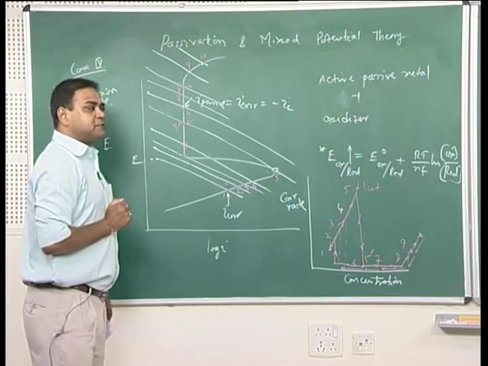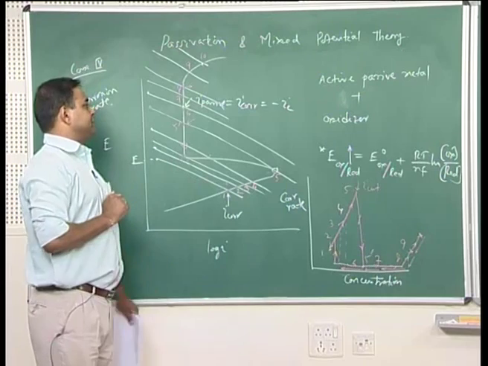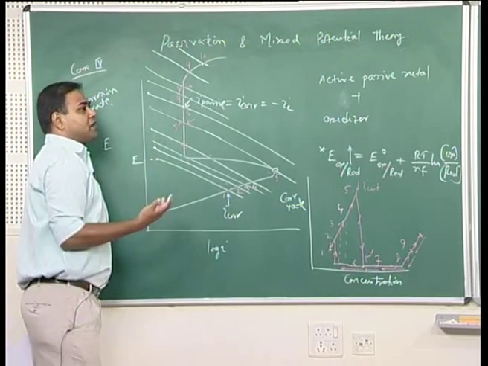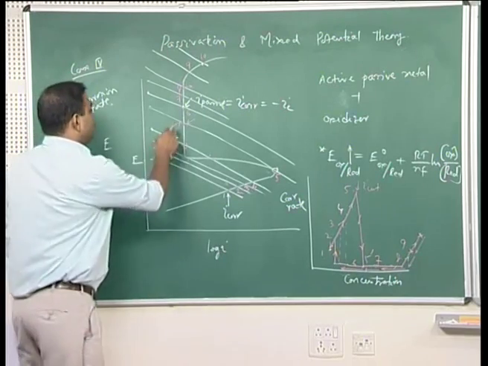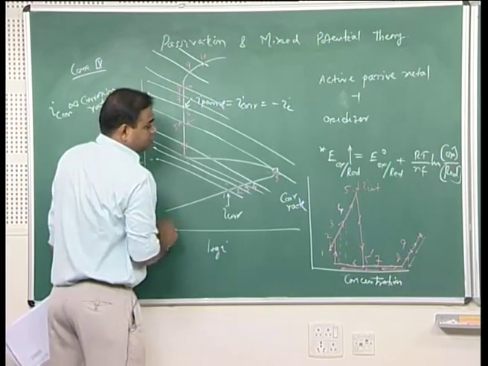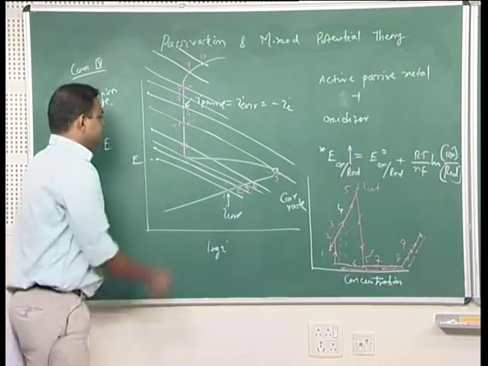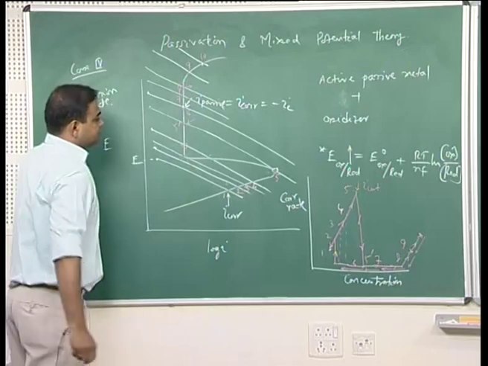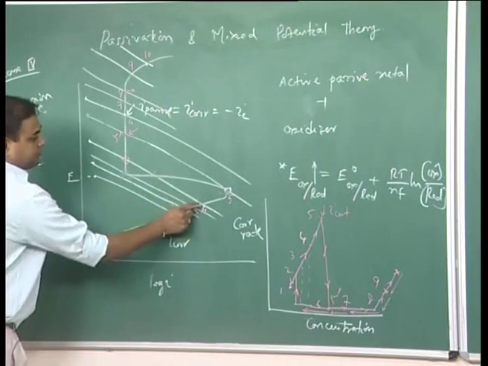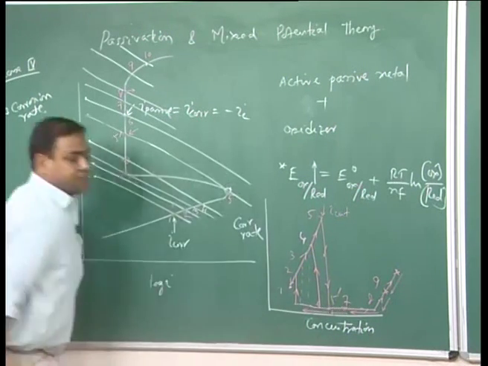Now we have exposed the passive layer and we have exposed the fresh surface of the metal. So, in that case it will no longer remain in the passive region, it will go back to this. So, if it is scratched, it will go from 5 dash to 5. Let us say at this level of concentration, if I put a scratch, then from here it will move to this space.